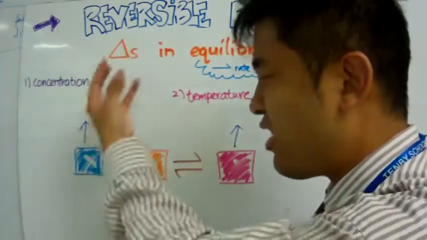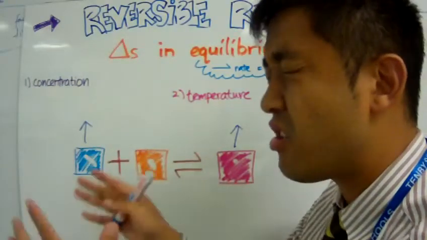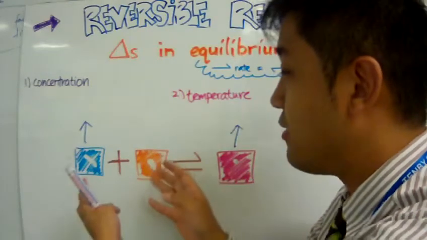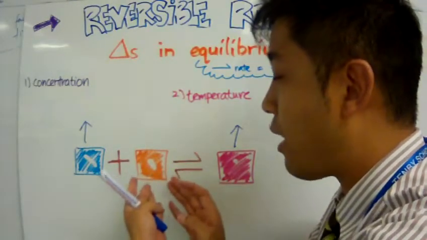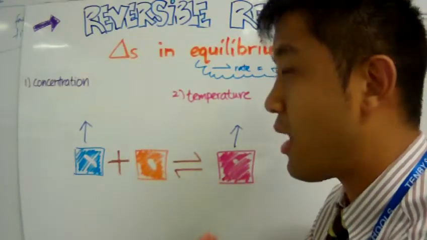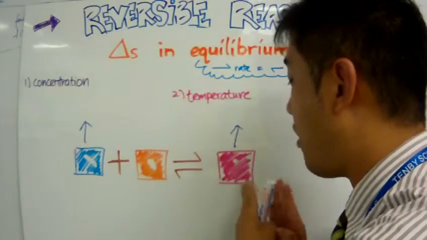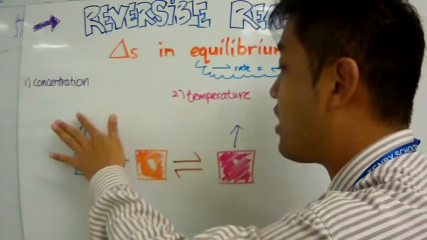When you have lots more blues, the blues are moving around, colliding with each other, and now you've increased the chance of blues colliding with orange as well, because there's lots of them colliding around. And so they're going to make more pink. All right? So that is one way you can affect the equilibrium.